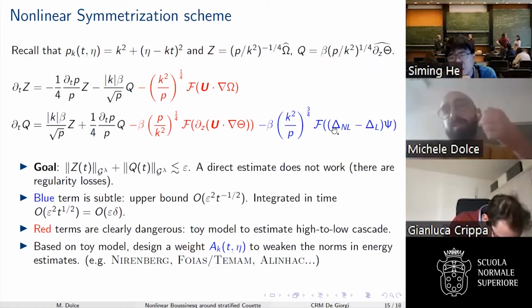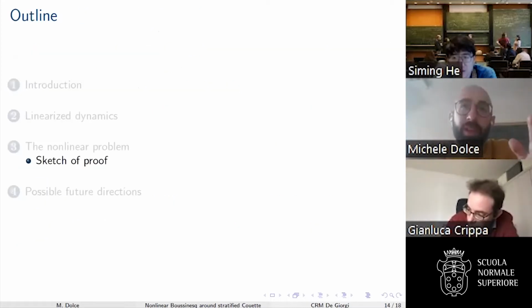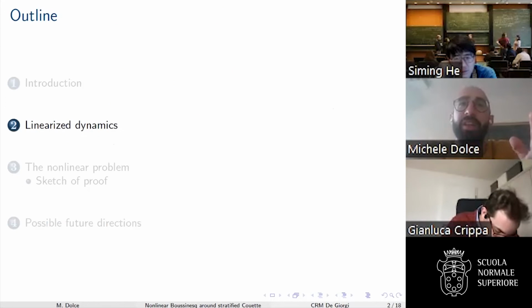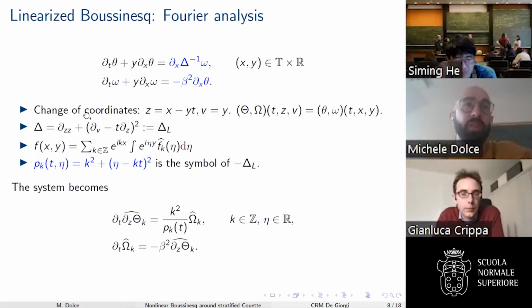So it is the difference between the nonlinear Laplacian and the linear Laplacian. The linear Laplacian is this one, right? And for the nonlinear one, imagine that you have, for example, V prime, the first derivative of the velocity. Therefore, delta NL minus delta L will have something like 1 minus V prime. I didn't write it.